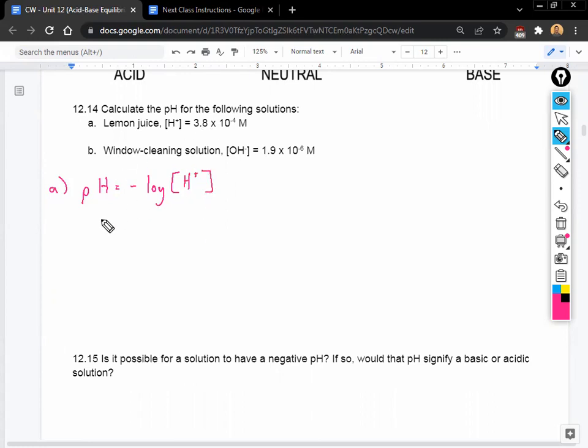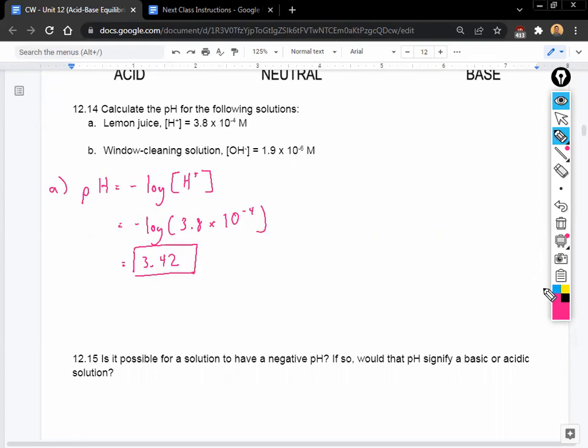And so here we can just plug in negative log 3.8 times 10 to the negative 4 molarity. Let me grab my calculator real quick. And then let's see if I get the right answer, because I make a lot of mistakes. Okay, so the pH for lemon juice is going to be about 3.42. Everyone got that? Yes. Okay.